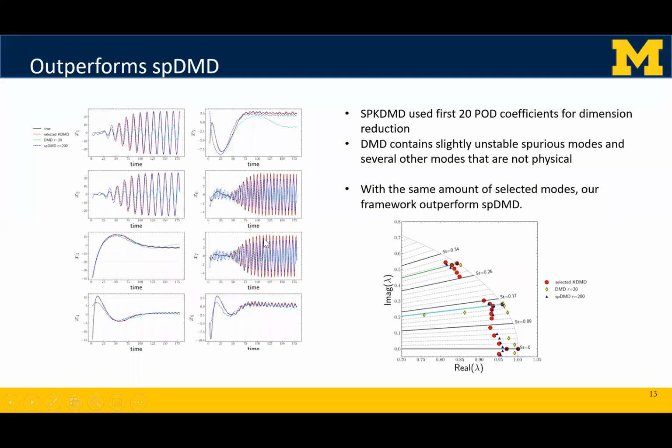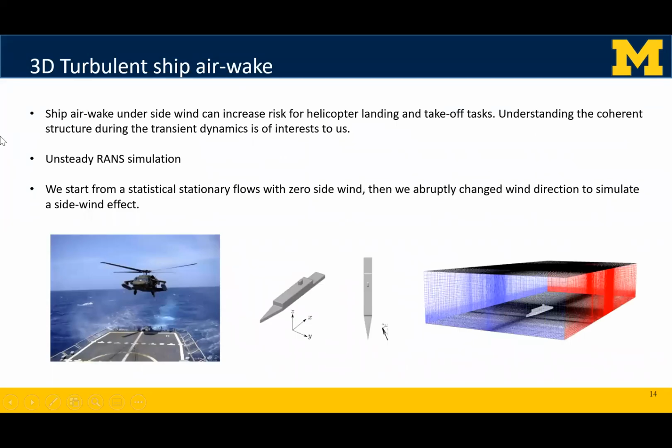As you can see here, it is a little bit off. The amplitude, and moreover, the initial condition is way off. As we can see, we should expect significant discrepancies in the initial conditions if you obtain the model from SPKDMD. Now let's take a look at the second example, the ship air wake problem.